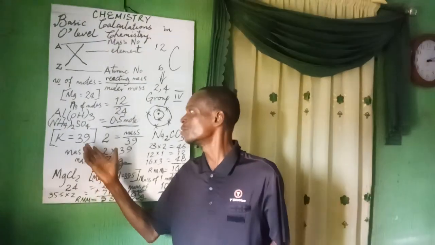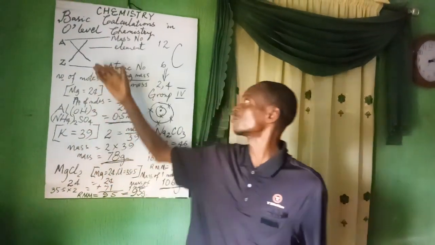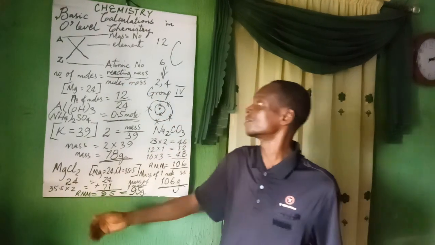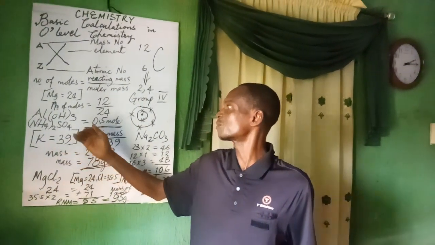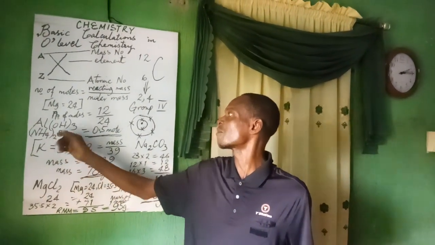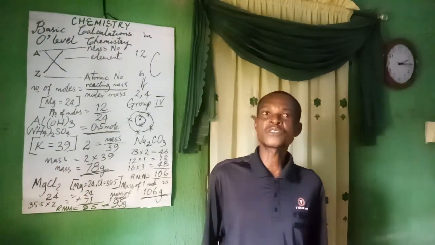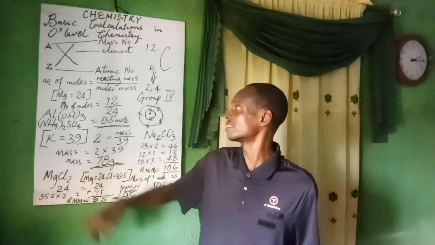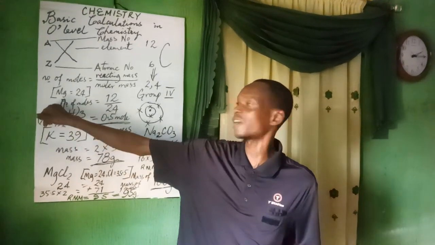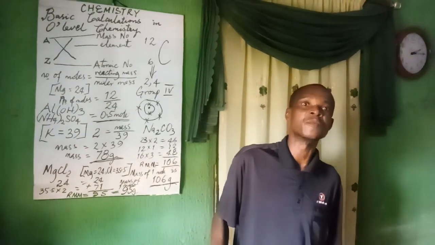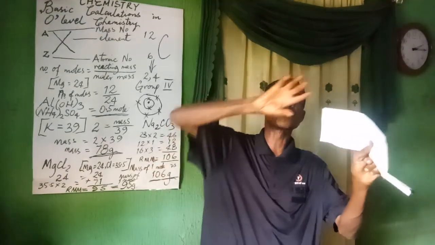I'm looking at time to explain, that's why I'm talking about these basic calculations. I'm looking at when there will be time to explain why we have things like this when we write formula. It has to do with valency and all of that. This 3 here is actually the valency, the combining power of aluminium. But when we write formula, it is switched.